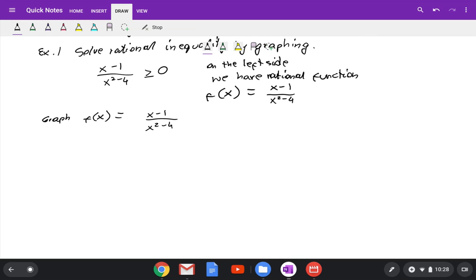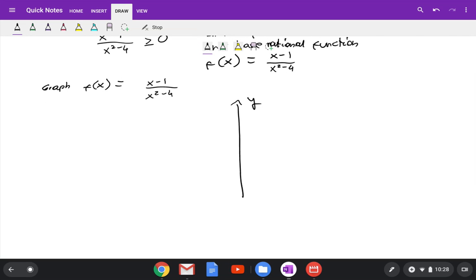Okay, so the graph of this function, and I'd like to explain it first that way, like with polynomial inequality, so we understand what we're solving. So this function has a point 0, 1 over 4. Then we have a point 1 comma 0. So this is 1, this is 2, negative 2.